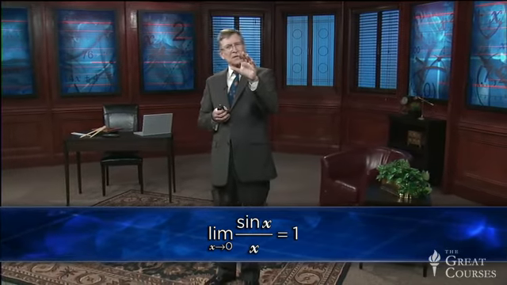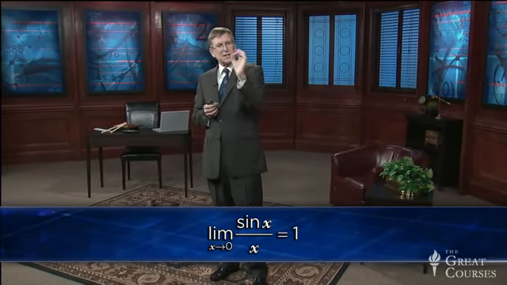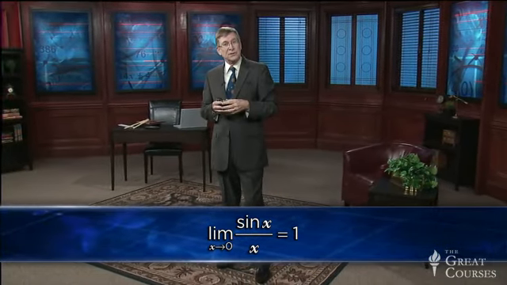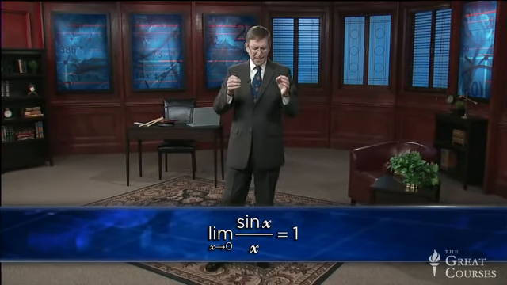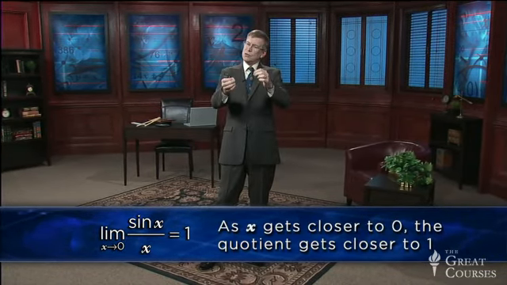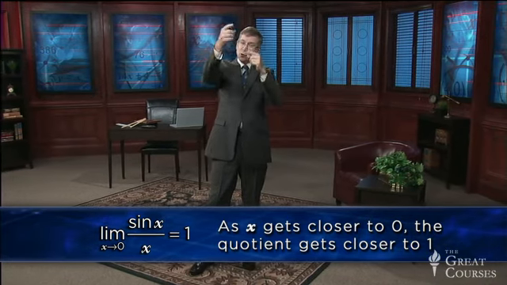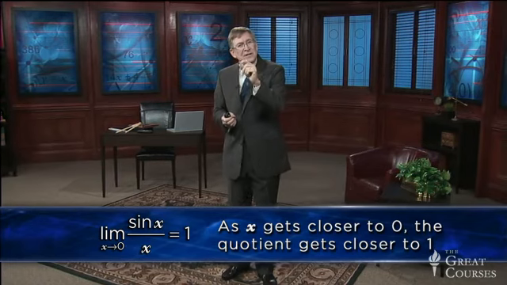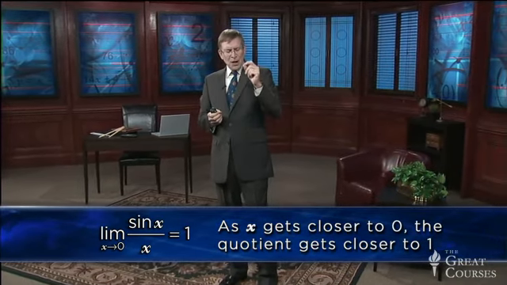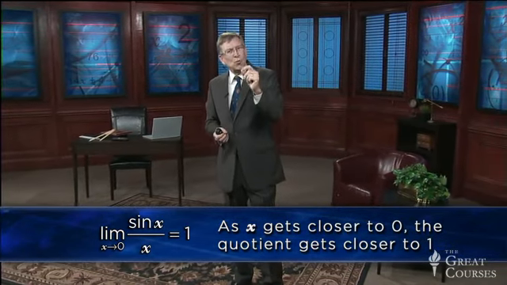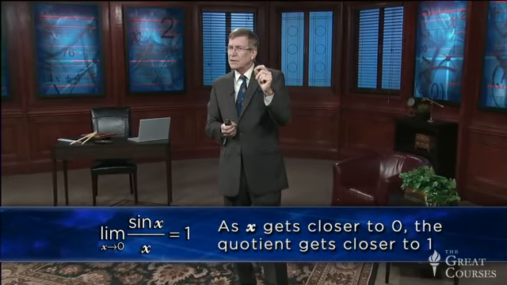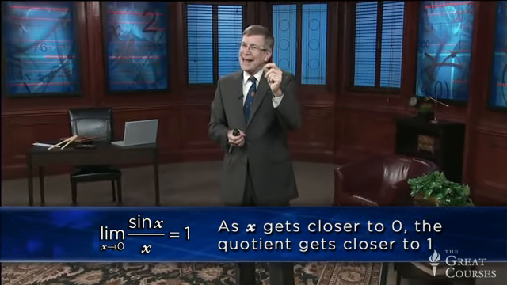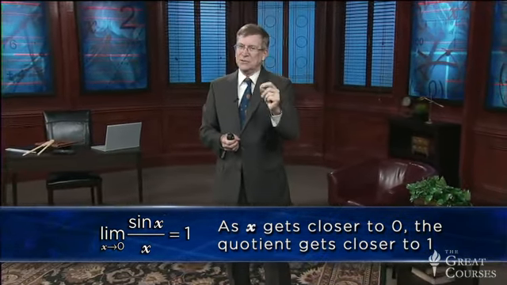So what does it mean to say that the limit of sine x over x equals 1 as x approaches 0? It means the following: that as x gets closer and closer to 0, that quotient gets closer and closer to 1. In fact, it means a subtle difference. You can get as close to 1 as you would ever desire by suitably picking x close to 0. So keep this limit in mind. We're going to use it in our next lecture.